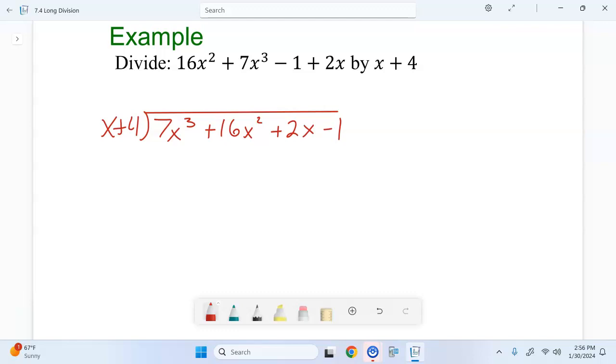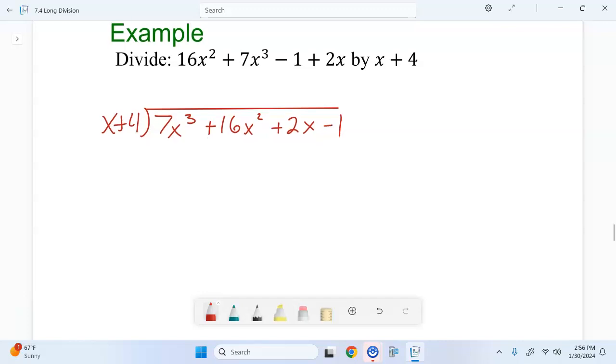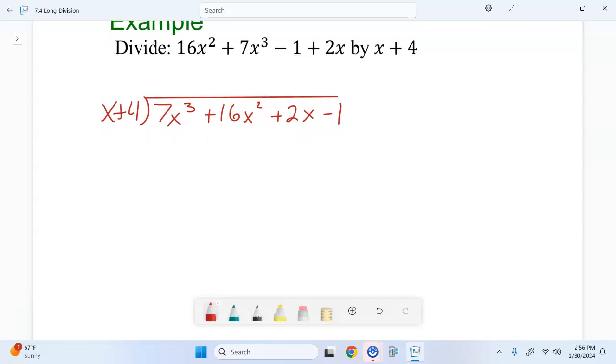We're 1 degree higher, so we're just going to have one more step, one more rotation through the process. It's still going to be divide, multiply, subtract, bring down. What are we dividing first? 7x. Okay. Multiply. 7x cubed plus 6x squared.